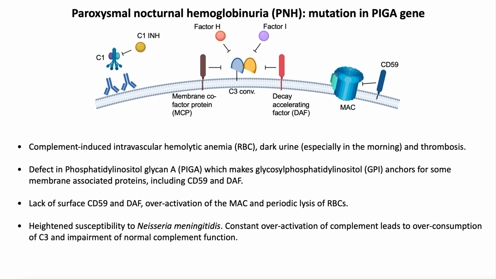And again, you can have heightened susceptibility to Neisseria meningitidis when you get this disease. And I should mention this is a weird disease because it's an acquired mutation. It's on the X chromosome. It's not inherited. There aren't very many diseases like that, but this is one of them.